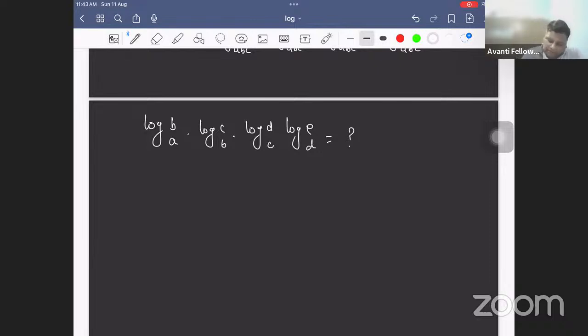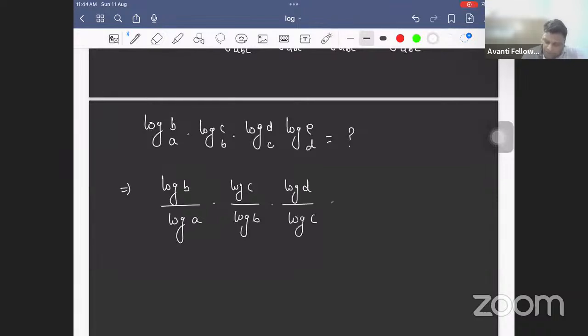See, if I change the base and apply base changing theorem, can I say it is log B upon log A, log C upon log B, log D upon log C, log E upon log D.